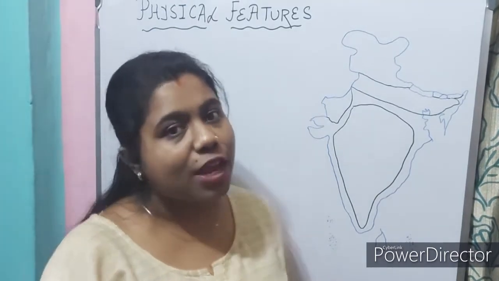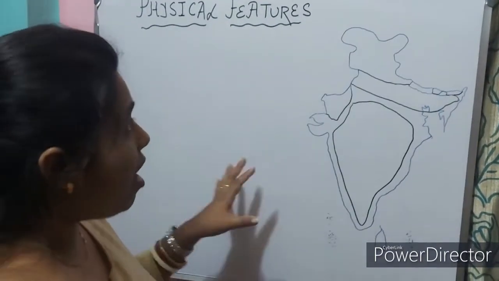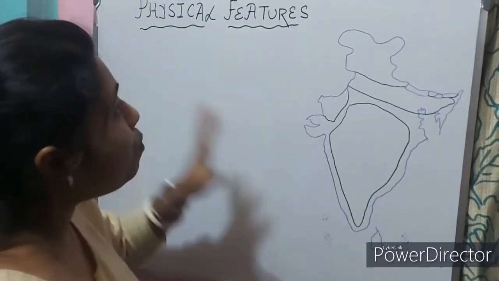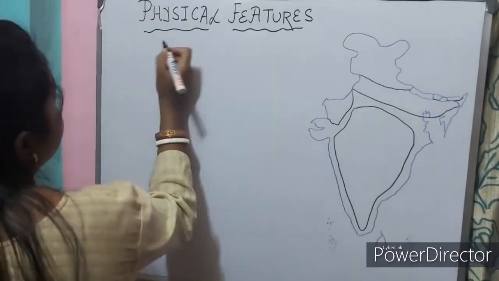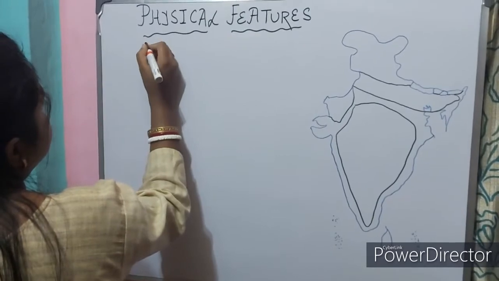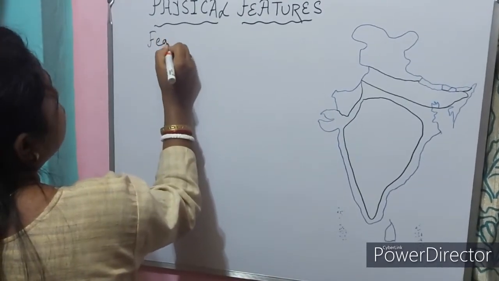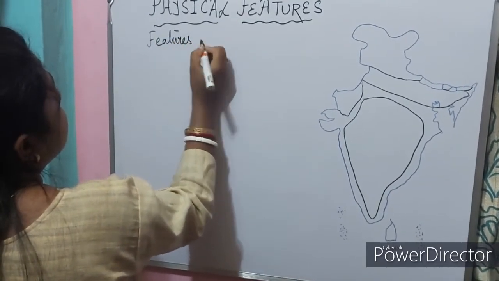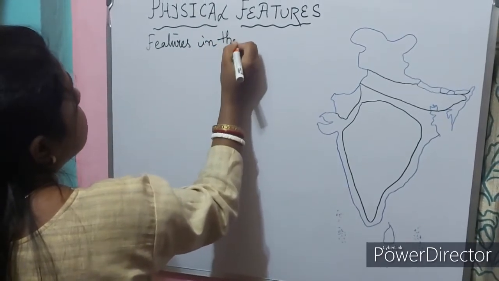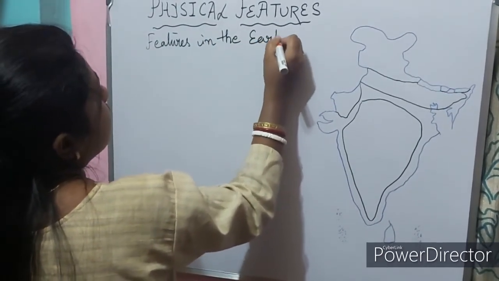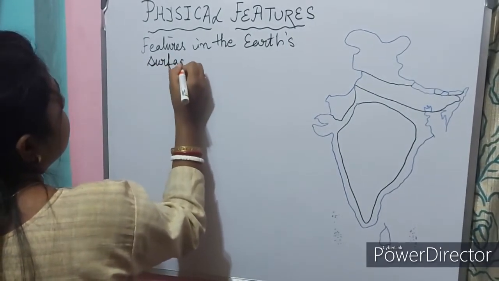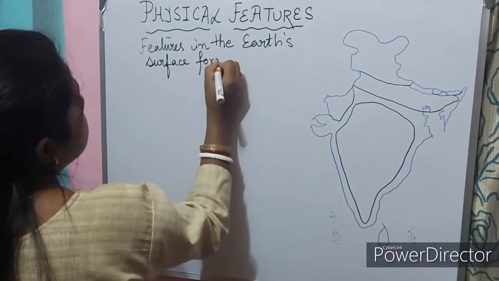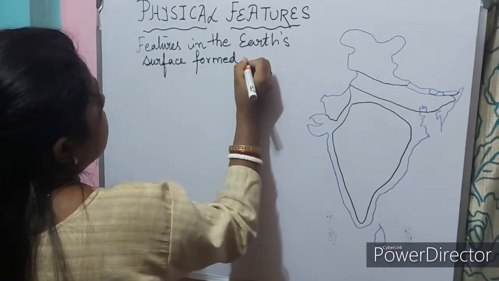Let us move ahead. The first topic we will start is physical features. What do you mean by physical features? Physical features means features on the earth's surface formed naturally.